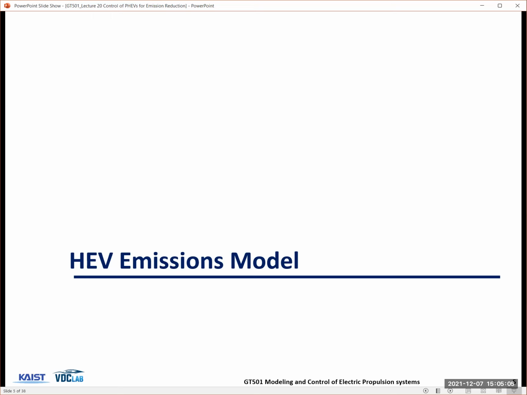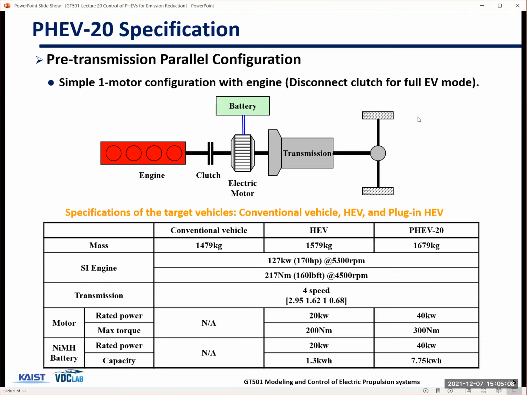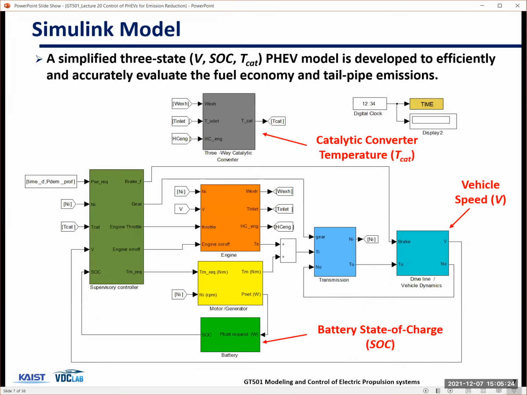So we started with modeling. We use all the same models we have been using, same target vehicle, P2 hybrid, same components, but we needed this emission model, okay? To be able to compute tailpipe emissions, we need two things.